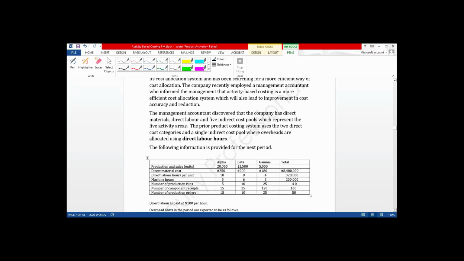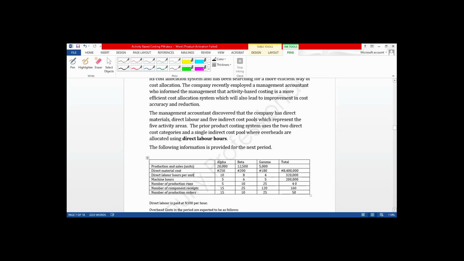Next, machine hours. For 1 unit of alpha, 5 machine hours. For beta, 6 machine hours. For gamma, 5 machine hours. Number of production runs, 5, 10, 25.